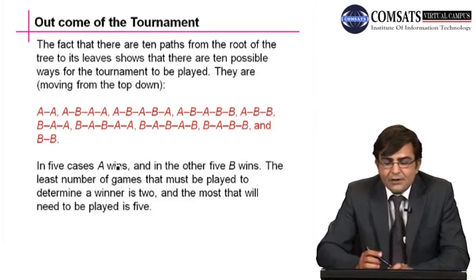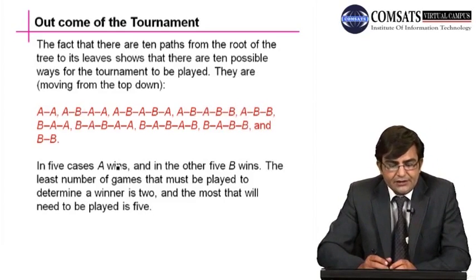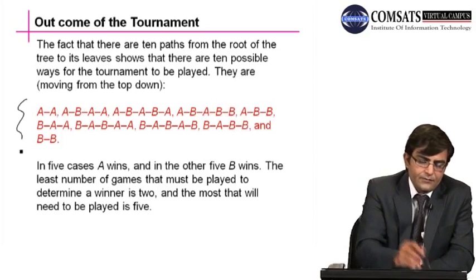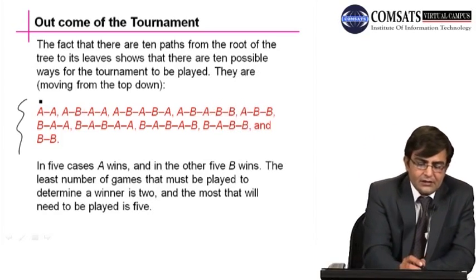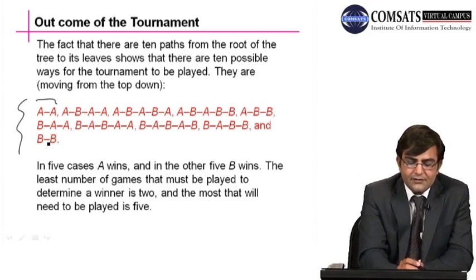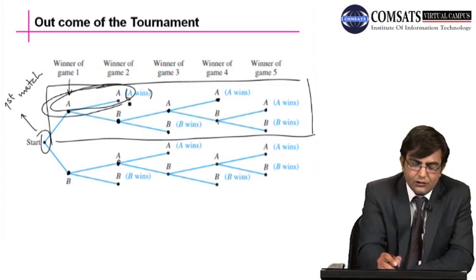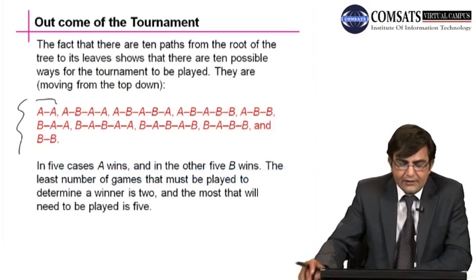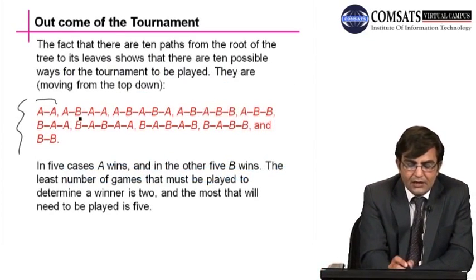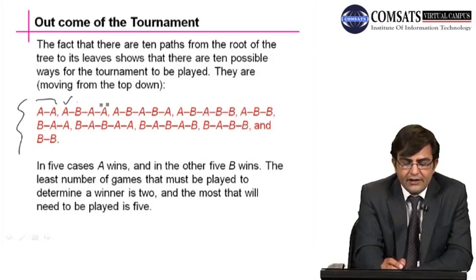The fact that there are 10 paths from the root of the tree to its leaves shows that there are 10 possible ways for the tournament to be played. They are given by this. The first possibility is the first 2 games A wins. The second possibility, A, B, A, A, means A is the winner of the first game, and A is the winner of the third and fourth game.